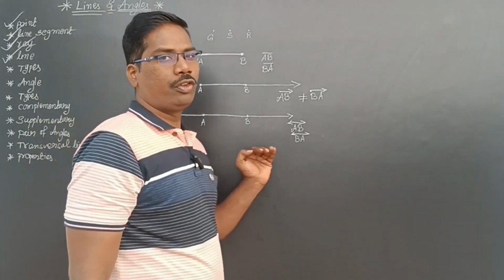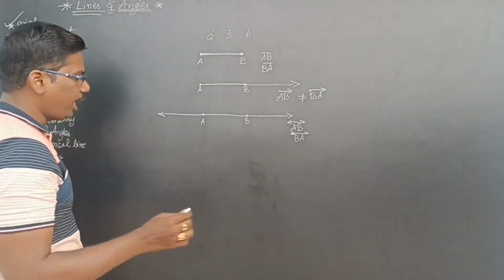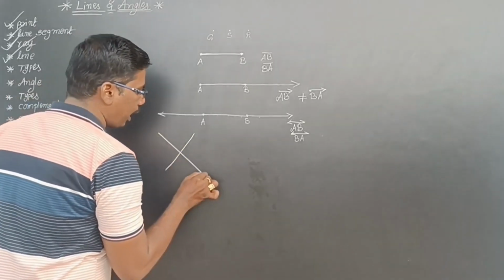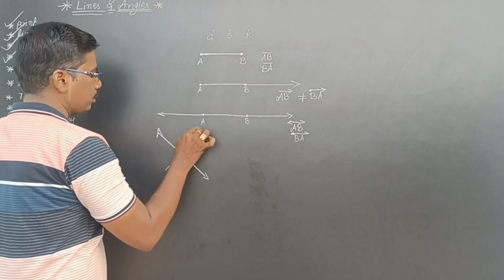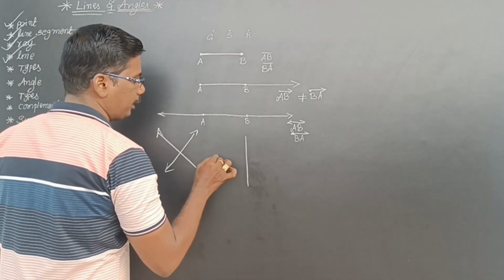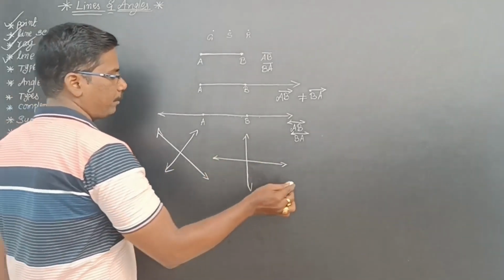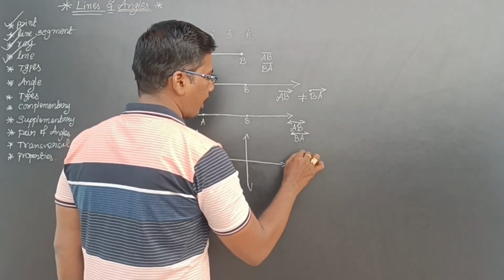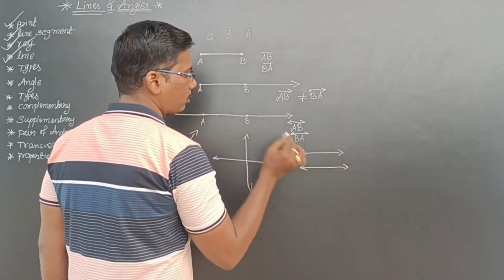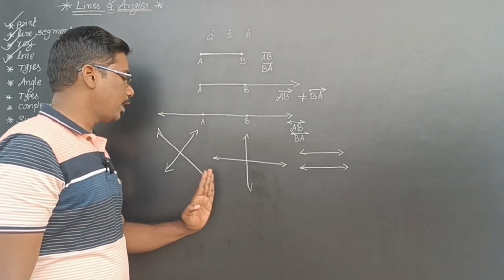Next, types of lines. So, what are the line types? See here, I am taking two lines. I can take them like this, like this, like this.